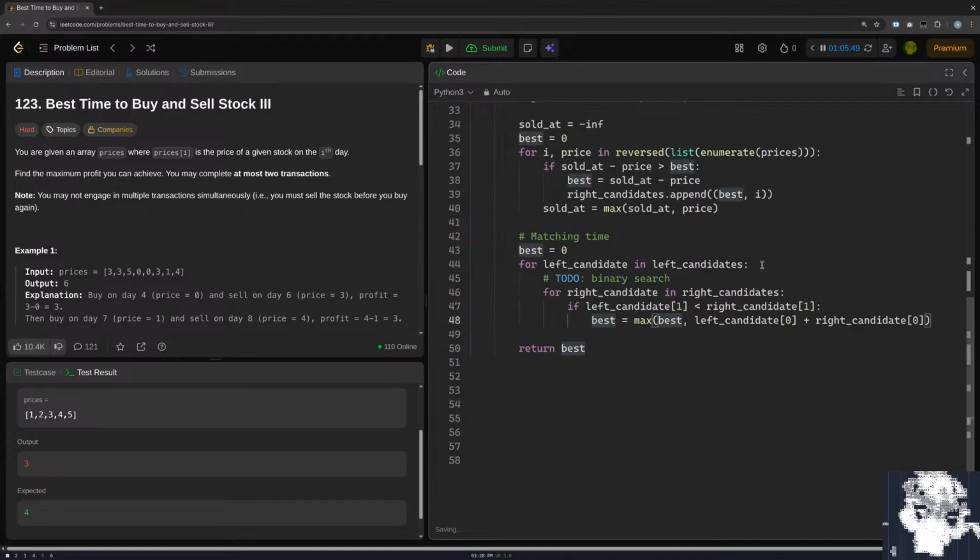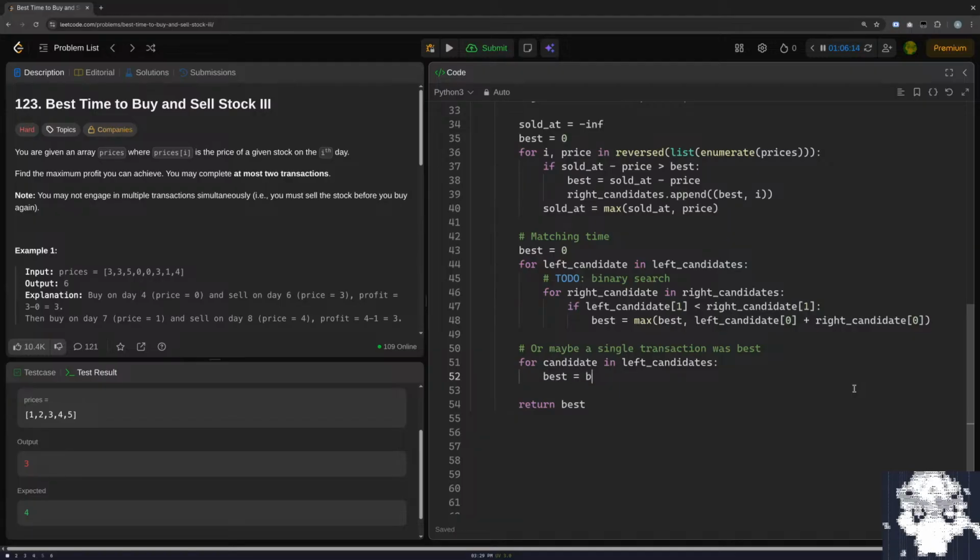Okay, let's just do it the other way, or maybe a single transaction was best. For candidate in left candidates, best equals max of candidate 0 and best.